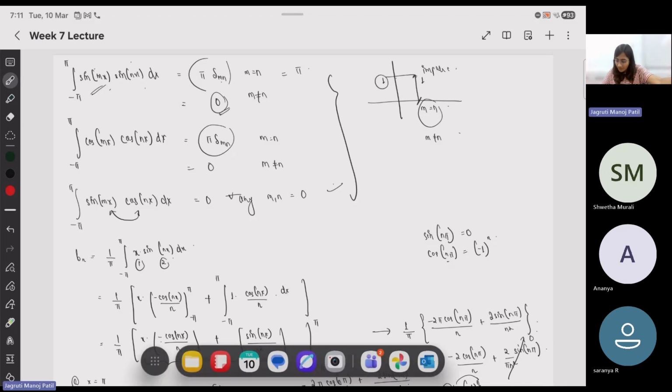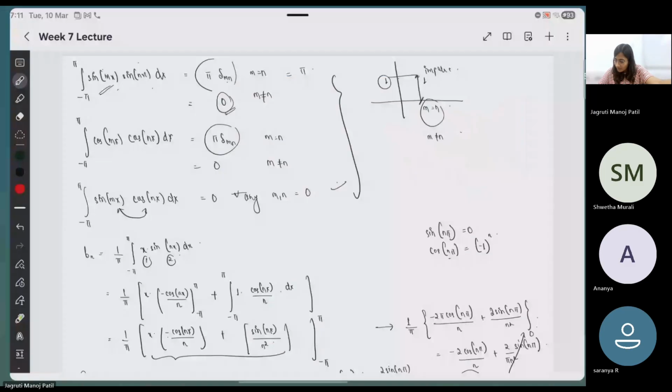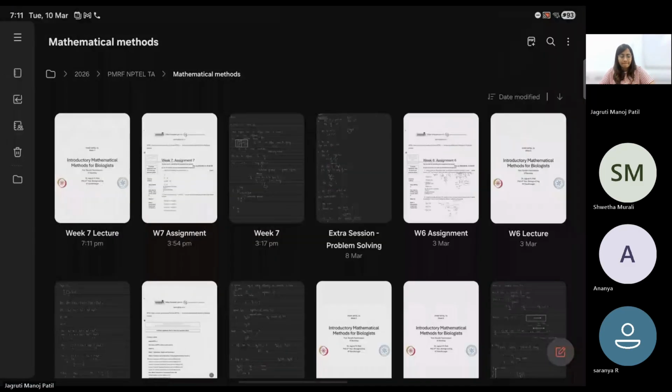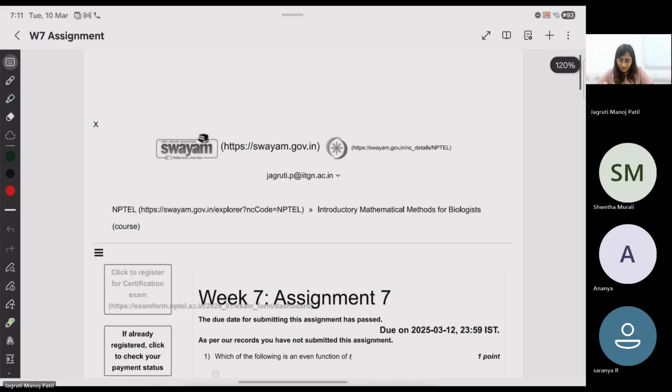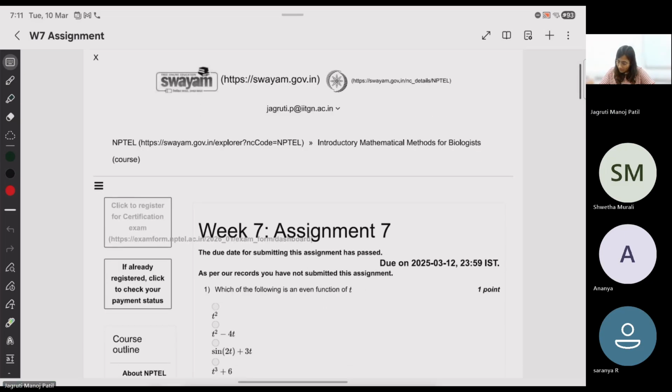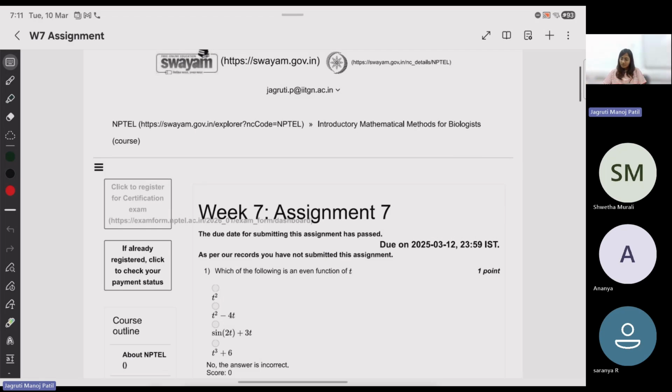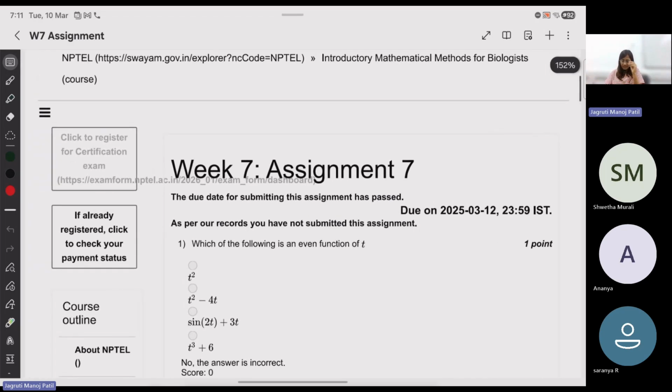Okay, then I guess we can jump to the assignment. So now you know, which of the following is an even function here?